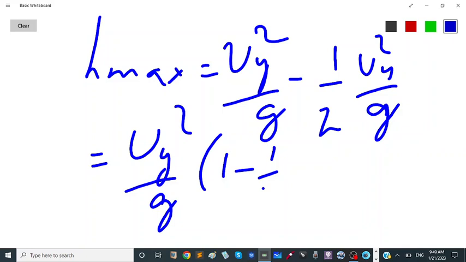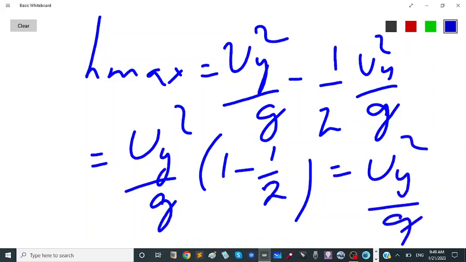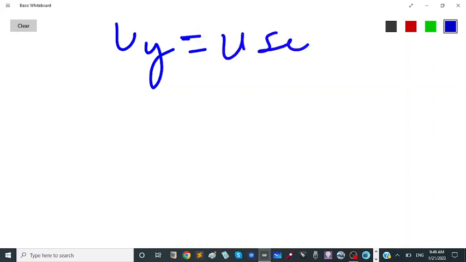Which is equivalent to Uy square over 2g. So for h max, we can substitute here. We know Uy is what? Uy means u sine of theta.